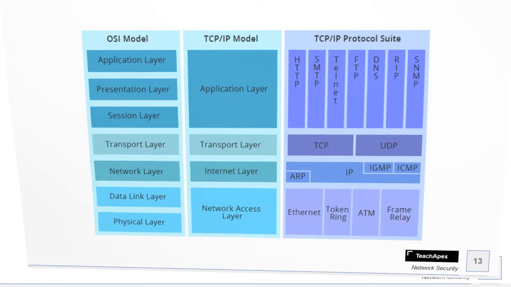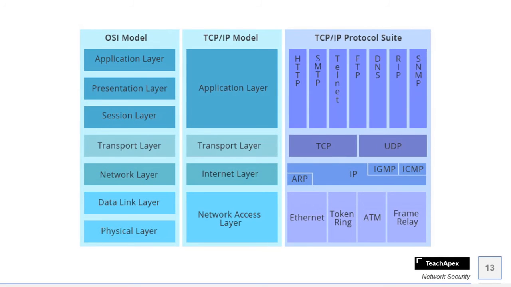Next, you can see the difference between OSI model and TCP/IP model. So through this figure, you can just see that we have combined two bottom layers, physical layer and data link layer, and in TCP/IP model named as a network access layer.